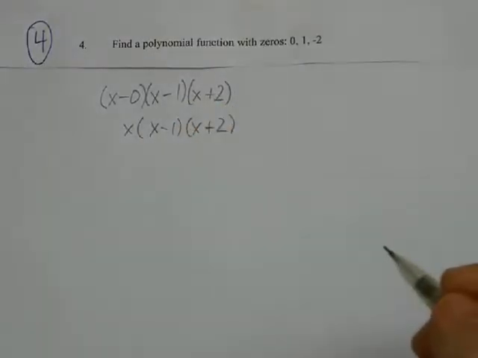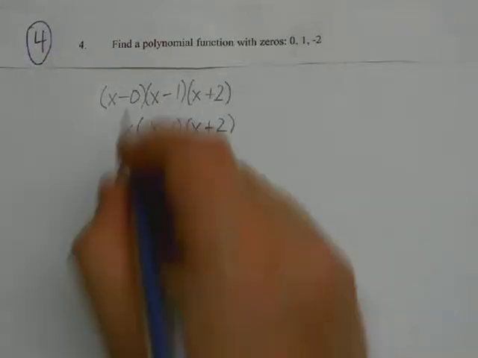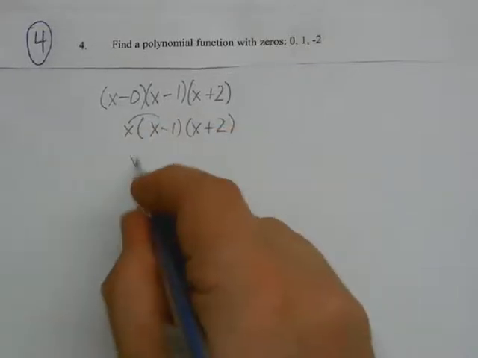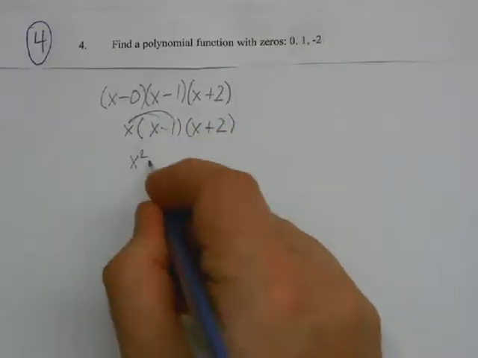So to find the polynomial function, I'll need to multiply these out. I'll multiply the first two. x times x is x squared, minus x.